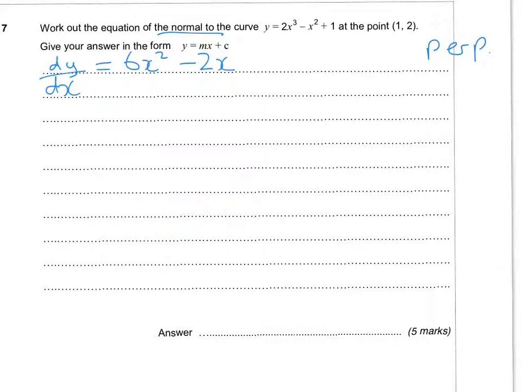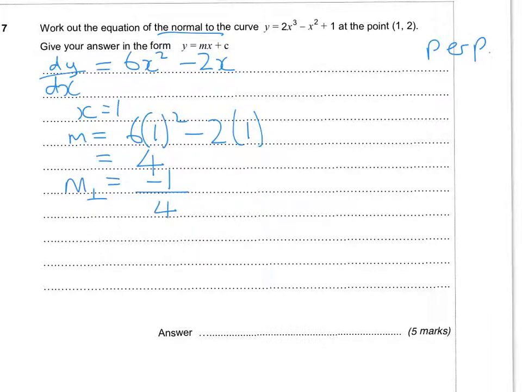At the point (1, 2), x equals 1, so the gradient is 6 times 1 squared minus 2 times 1, which is equal to 4. So my perpendicular gradient is the negative reciprocal, so negative 1 over 4.